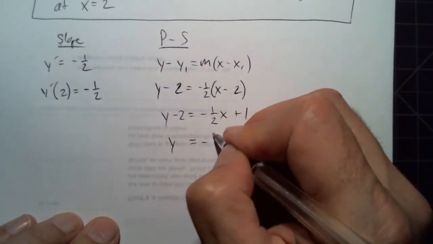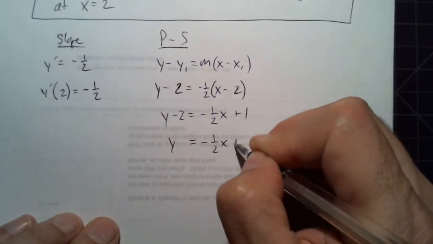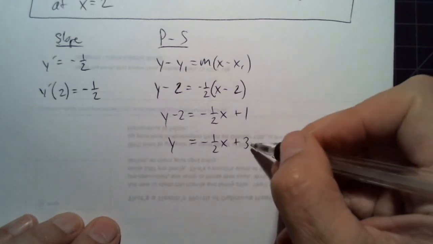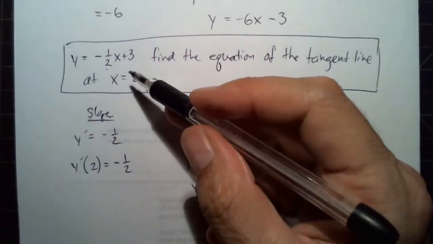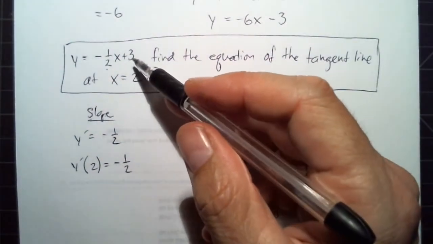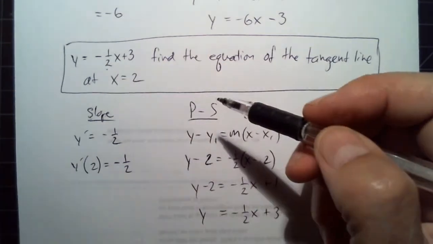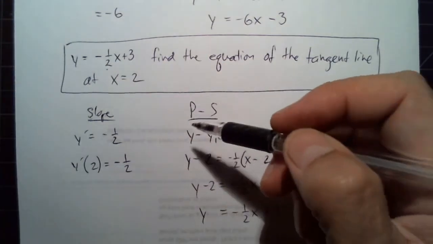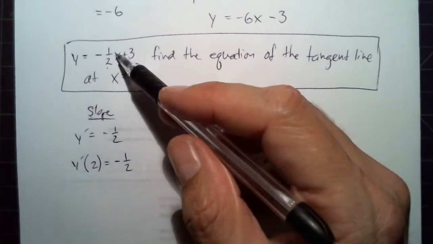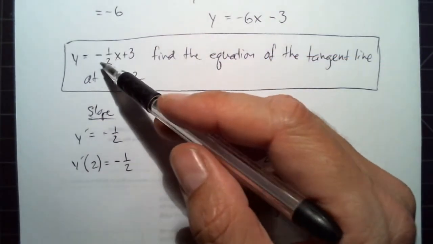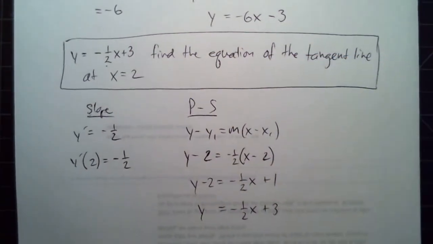Then we'll add 2 to both sides, and we end up with the same equation that we started with here. And that's because this is a linear equation, so every tangent line is the same on a linear equation because the slope is always the same, and we just get the same thing.